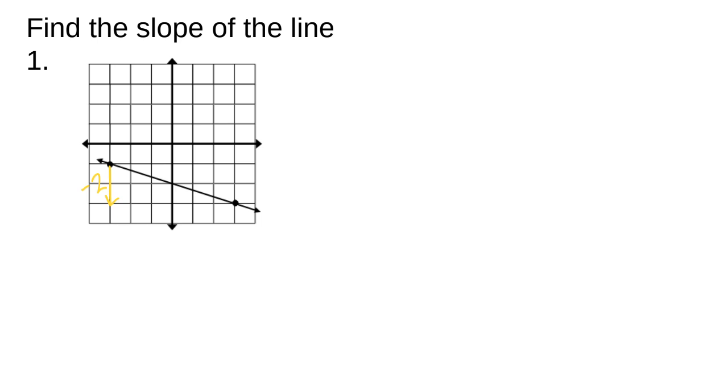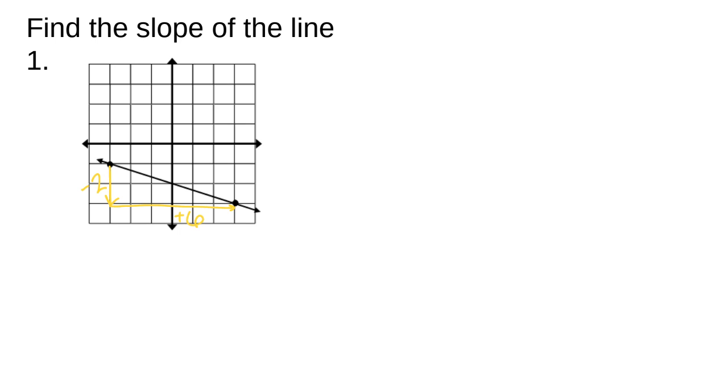And then we need to go over to get to this point. And we need to go over how many? Well, let's count them. So we're going to go over 1, 2, 3, 4, 5, 6. And we're doing that in the positive direction. So positive 6 is our run.